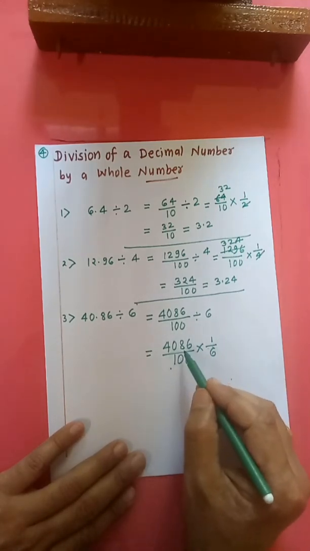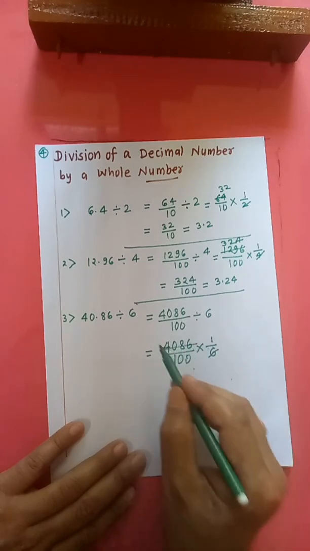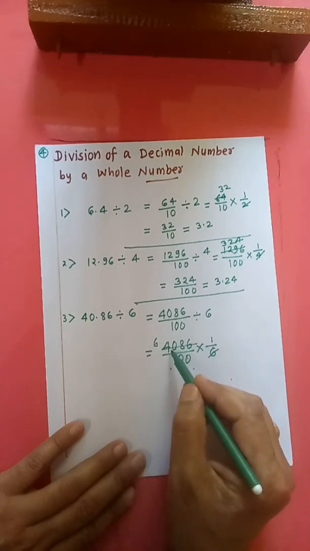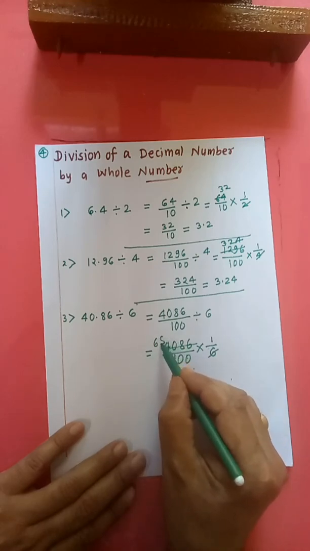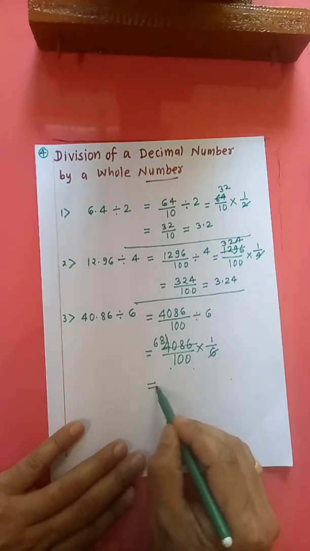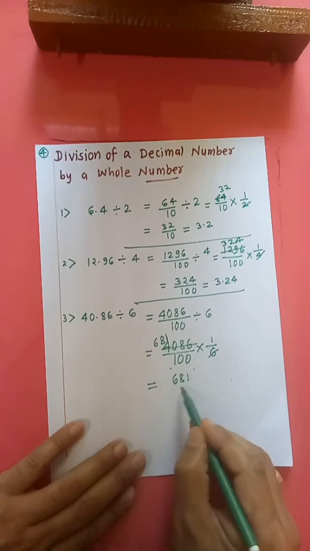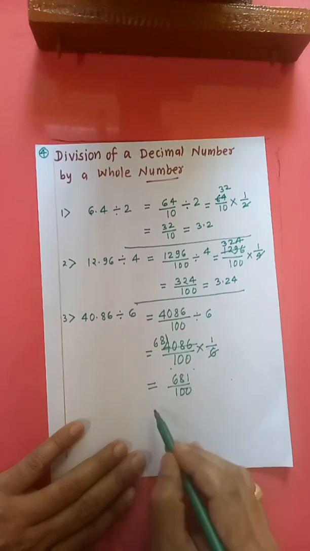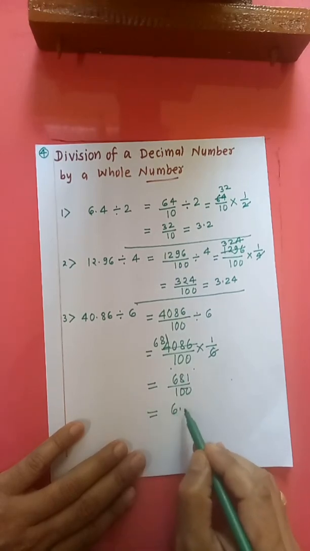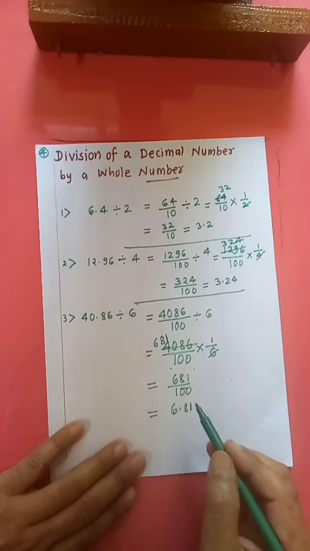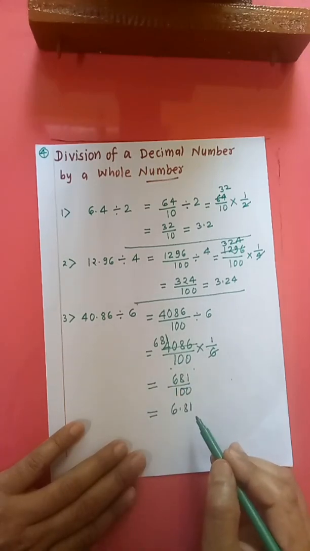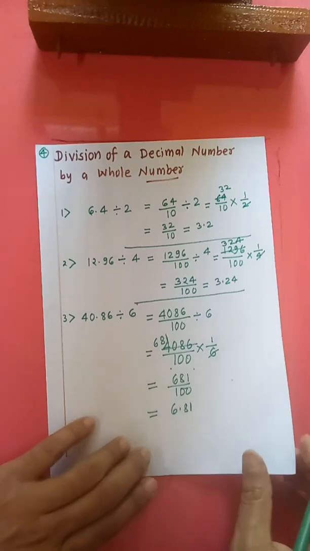And 4086 is divided by 6. 6 6 ja 36, 4 48, 6 8 ja 48, and 6 1 ja 6, which gives 681 upon 100, and finally we will get 6.81. So 40.86 divided by 6 is equal to 6.81.